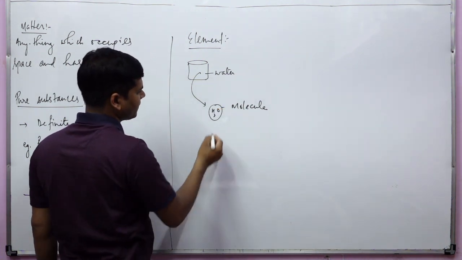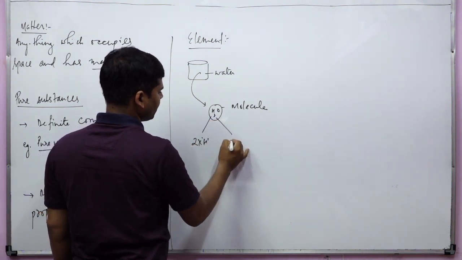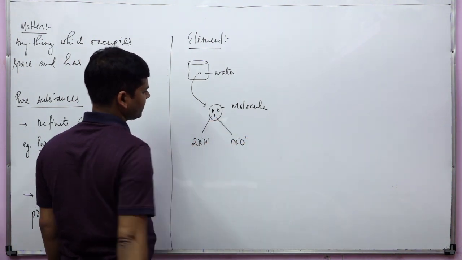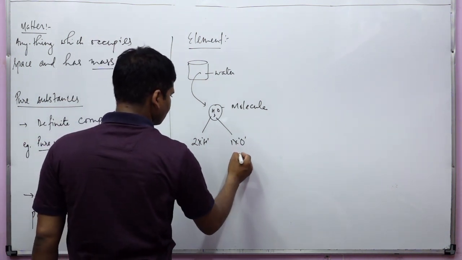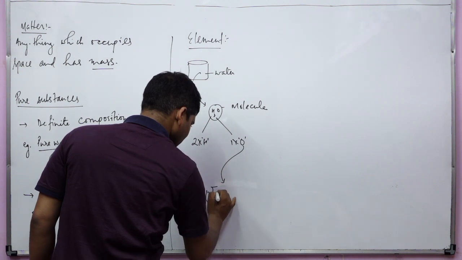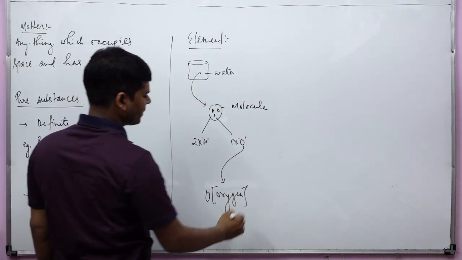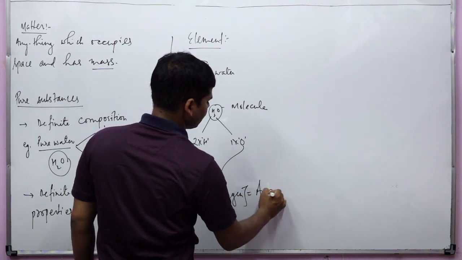So this H2O has two atoms of hydrogen and one atom of oxygen. So here, if I take this example, oxygen, then I can say that oxygen is an element.